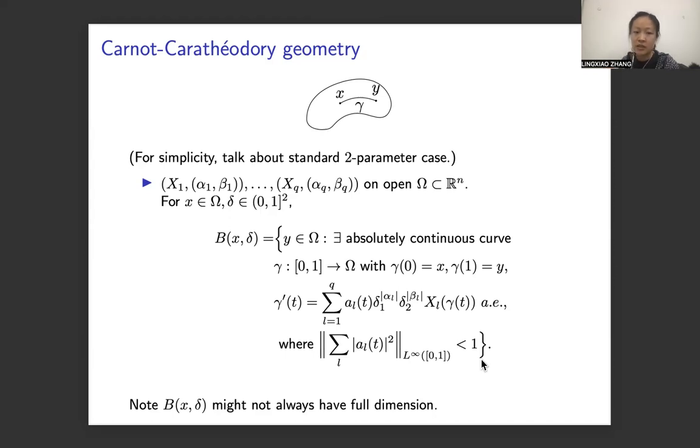Yeah, so to deal with those complicated situations, I will introduce the next theorem about this Carnot-Carathéodory geometry, which covers such complicated situations, and which holds even when the dimension of the ball varies.